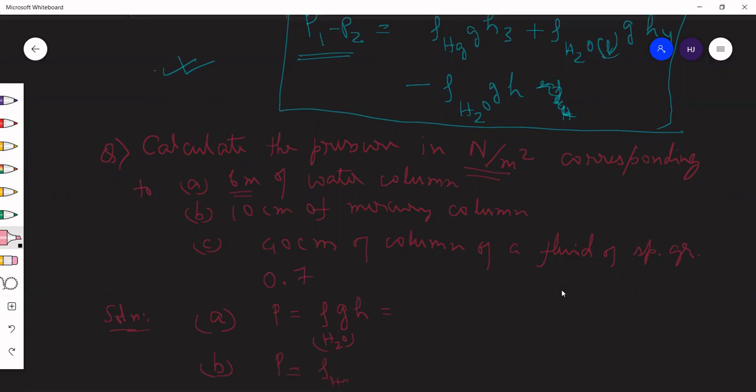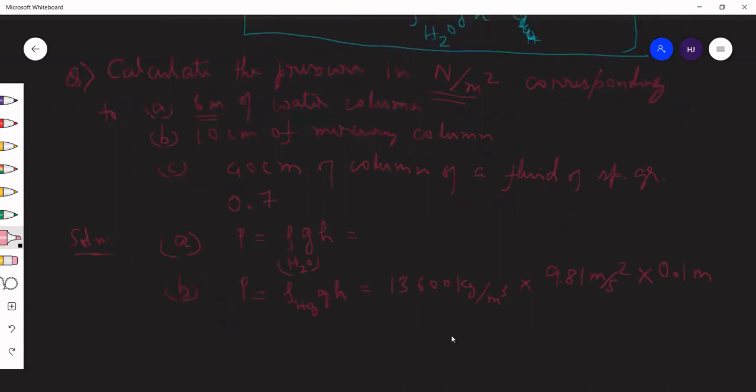Density of mercury, what is the density of mercury? The density of mercury is this much into 9.81 meter per second square. What is the height? 0.1 meter. That you have to find.